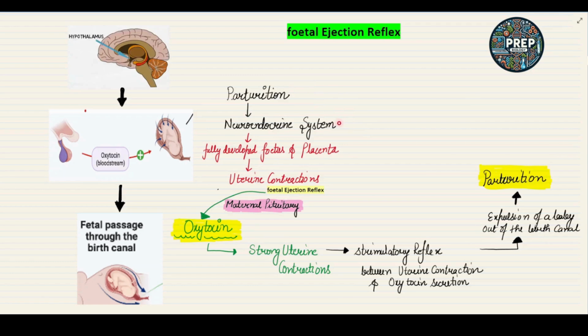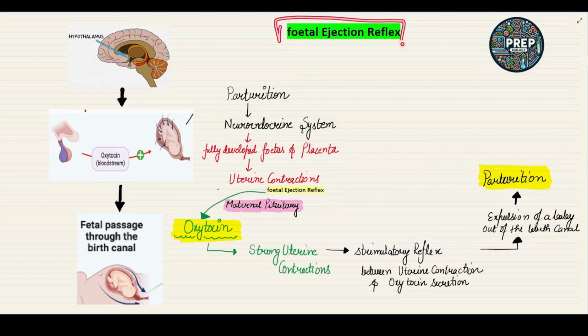These neuroendocrine systems originate from the fully developed fetus and the placenta. When the fetus is fully developed, the fetus and the placenta induce uterine contractions, and those contractions are called the fetal ejection reflex.